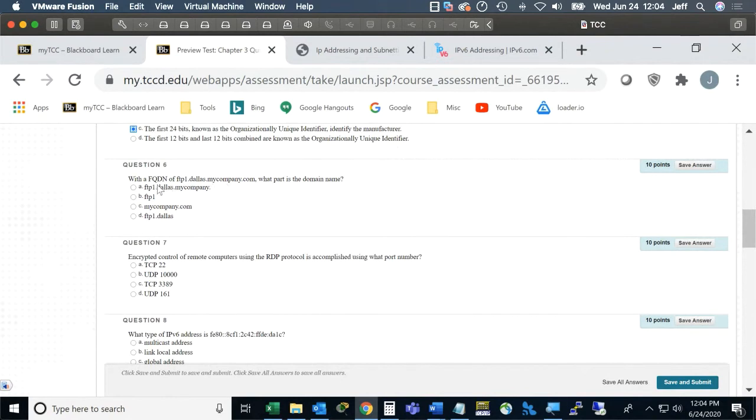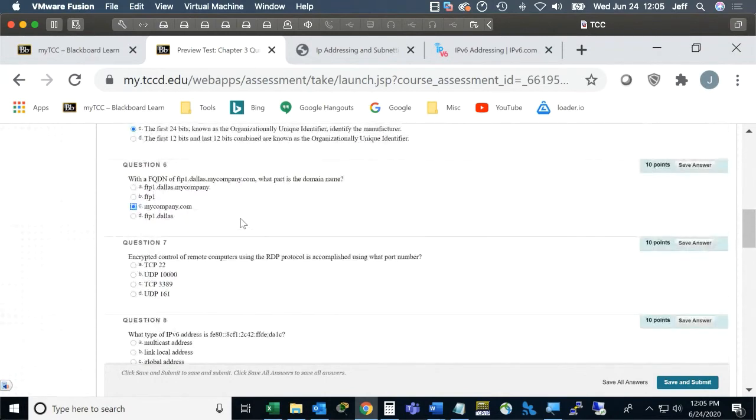With a fully qualified domain name of ftp1.dallas.mycompany.com, what part is the domain name? C, right, mycompany.com.